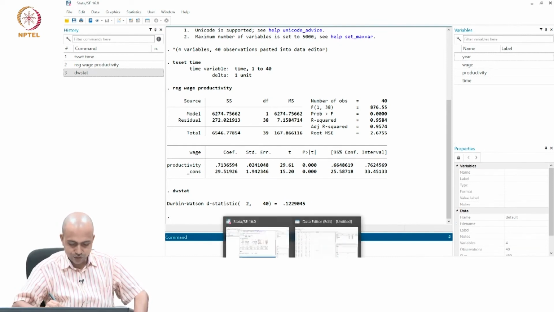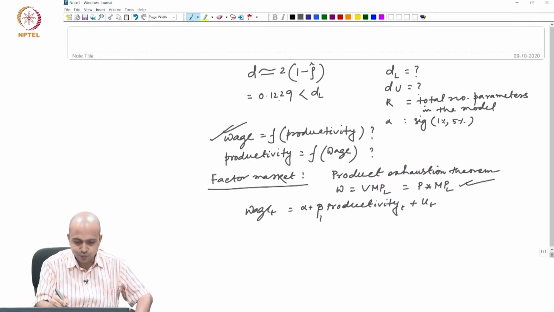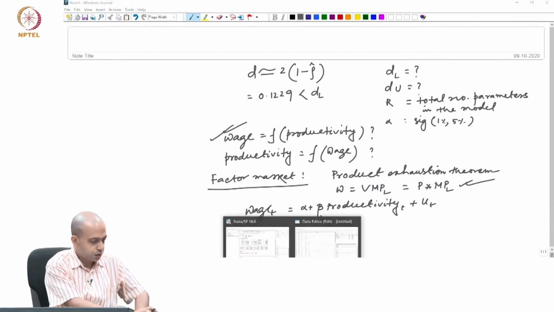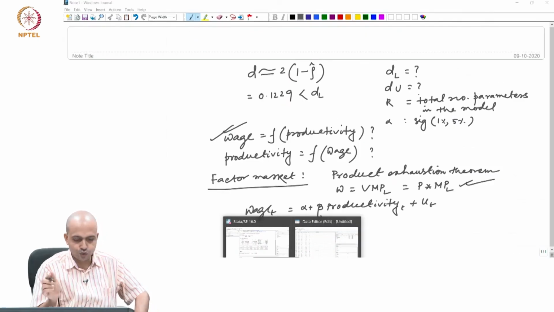This is the calculated value. Calculated value of d is 0.1229. Okay, that is the value I was writing, 0.1229.